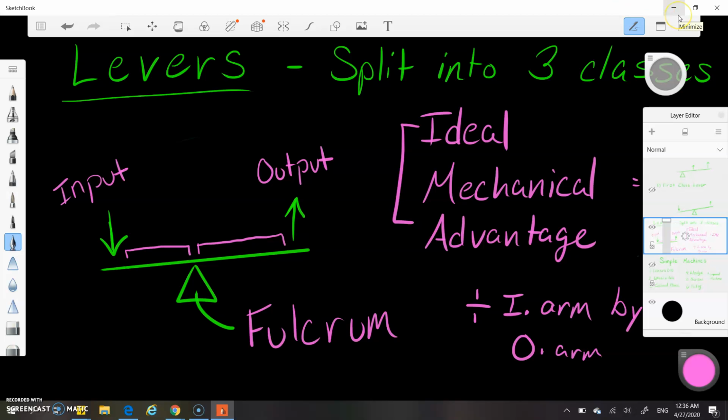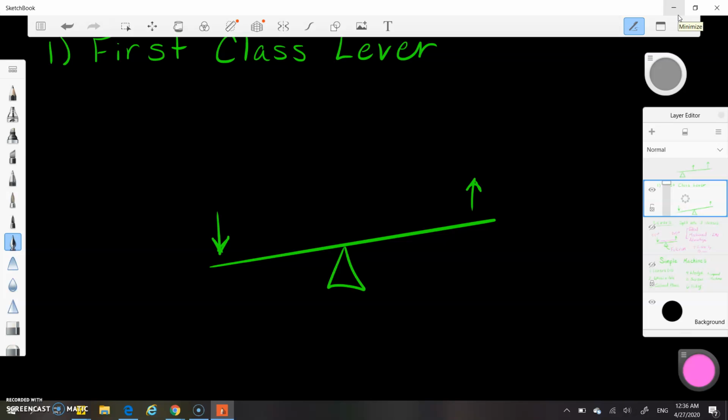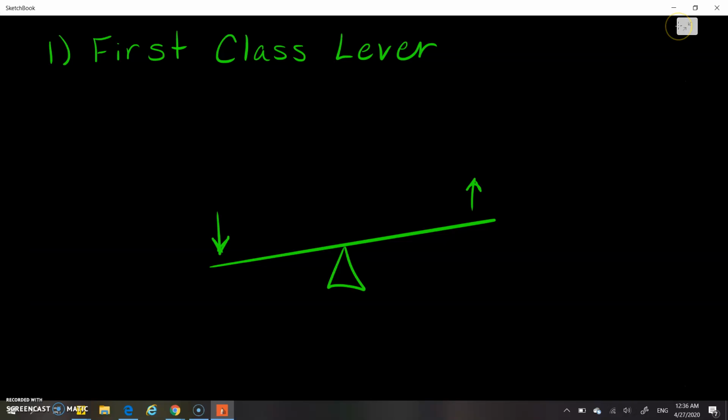So let's take a look at the first class. The first class is pretty much the one that we were looking at. I'm just going to abbreviate everything. We have the fulcrum here in the middle, and then we have an input force and an output force. The key thing here is that your fulcrum is in the middle of everything.